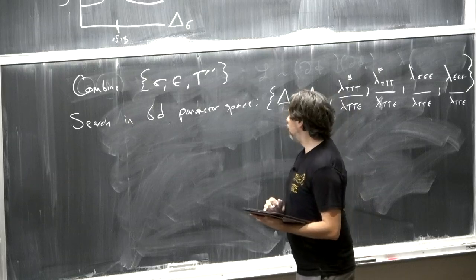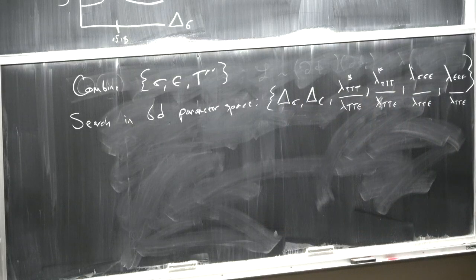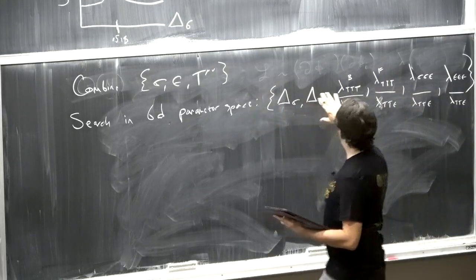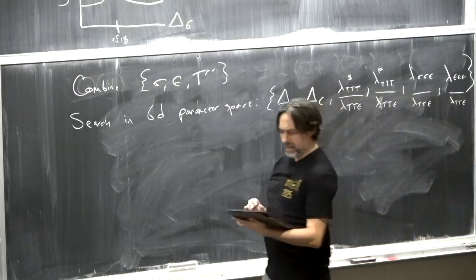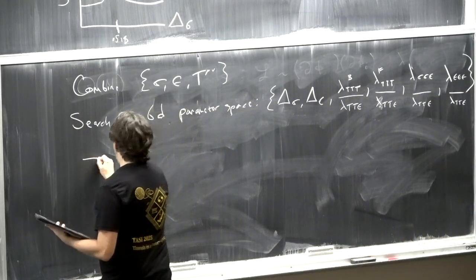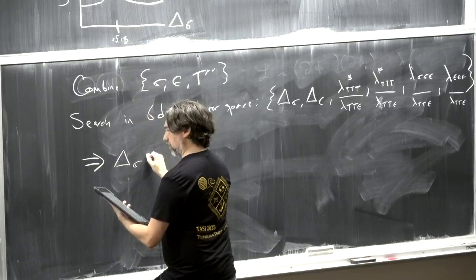This is called a cutting surface algorithm. But the point is that you can find allowed points in this 6-dimensional space, in this big Bootstrap system, and map it out. And so let me just give you a sense of what the end result is, since I'm basically out of time.